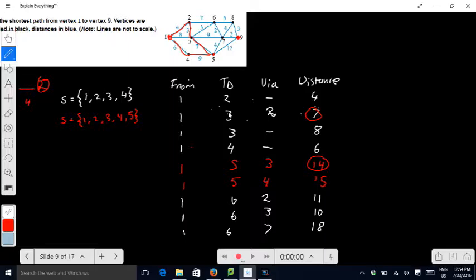So the shortest path there was this one here. The next vertex in line is 7. So I start from, running out of room.